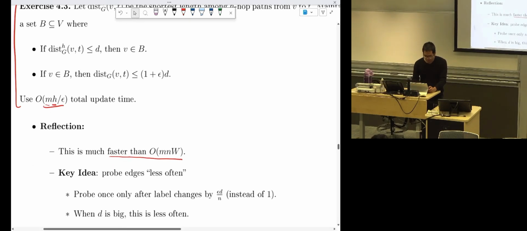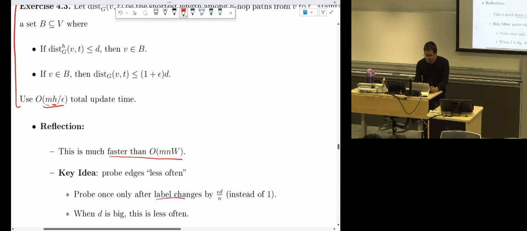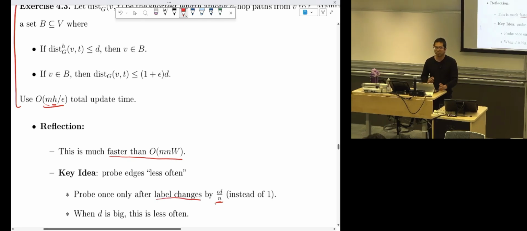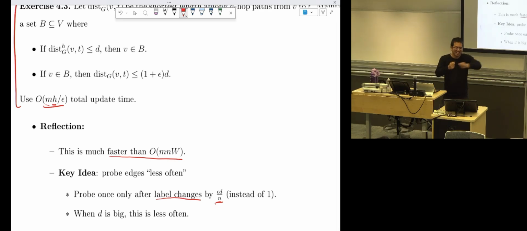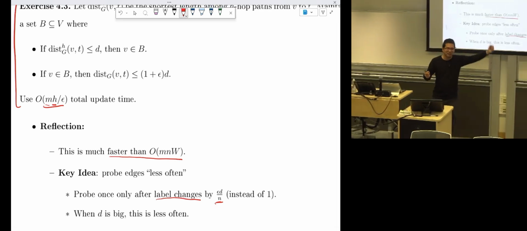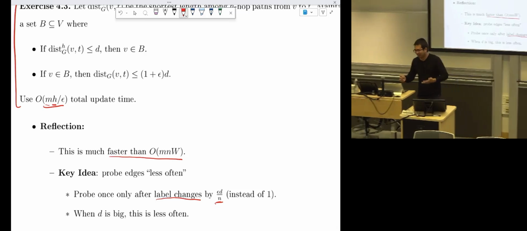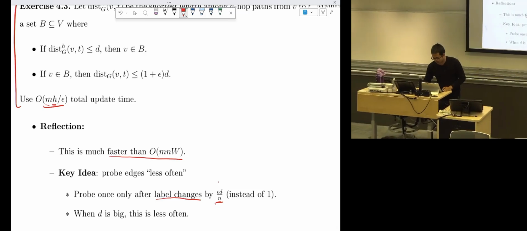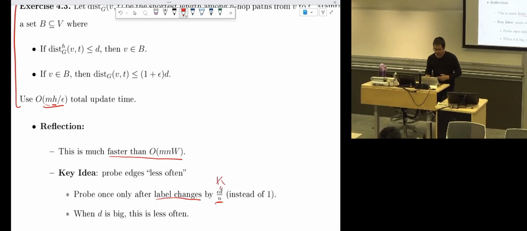We only probe it once the level changes by this big factor, because we force ourselves to jump by multiples of this factor k. And when this is big, this is just less often.